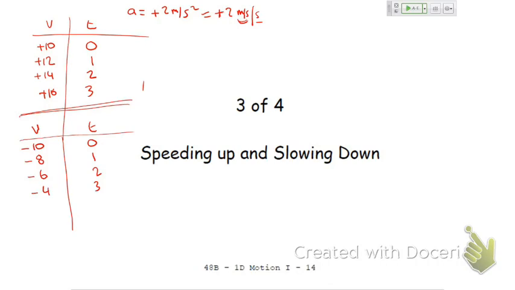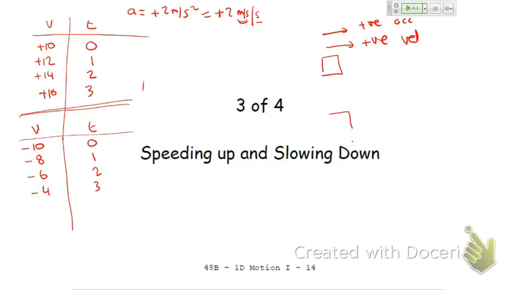And so the way we make head or tail of it is this. If I take my object and I have a positive velocity and a positive acceleration, I will speed up while going in the positive direction. Faster and faster.